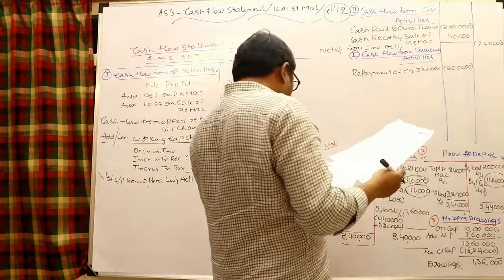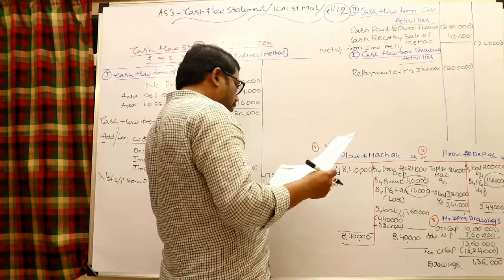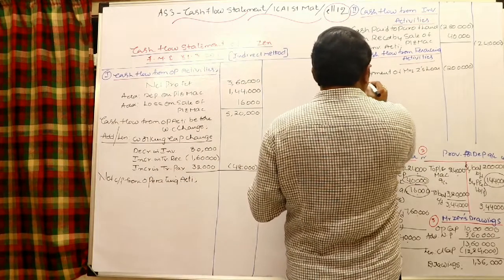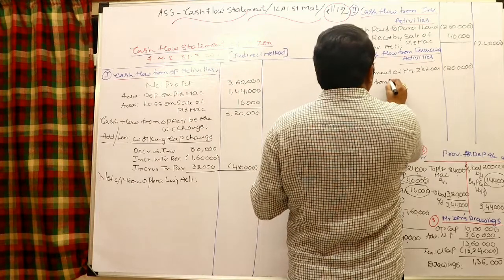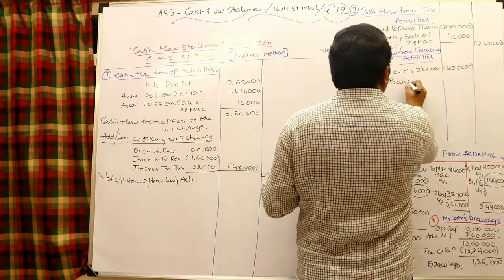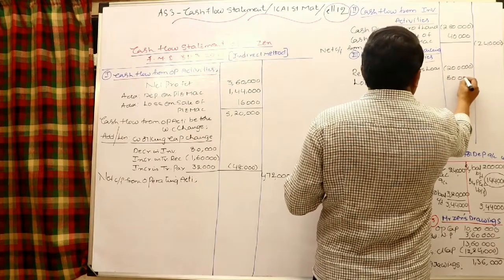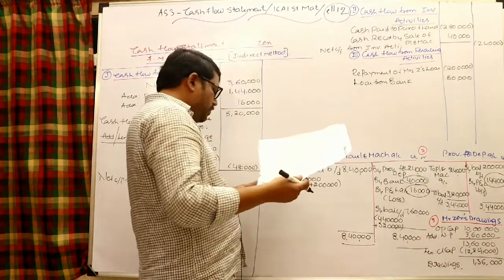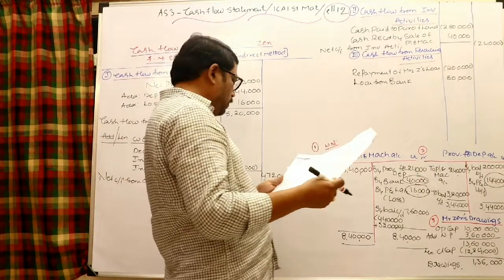Loan from bank again taken, inflow, which is 80,000.